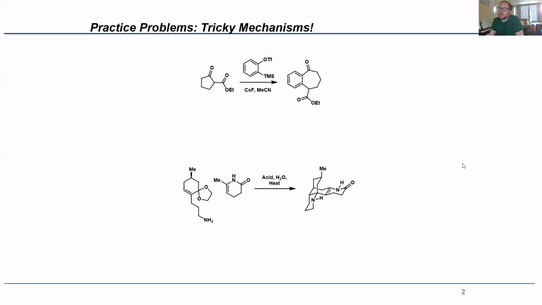Also, in the second problem we have some protecting group chemistry, but a lot of the things we talk about are the addition of weak nucleophiles, or nucleophiles that add reversibly into carbonyls, and the chemistry of enolates. So I'm going to give you some time to work on these problems, and then we're going to come back and talk about them and move on to, I think, synthesis problems next.